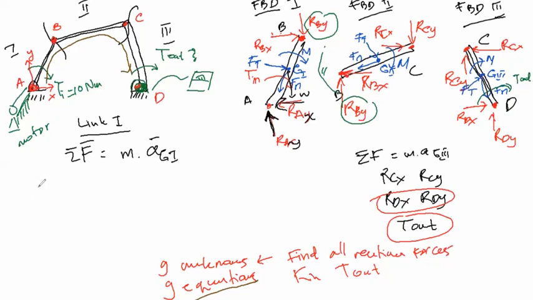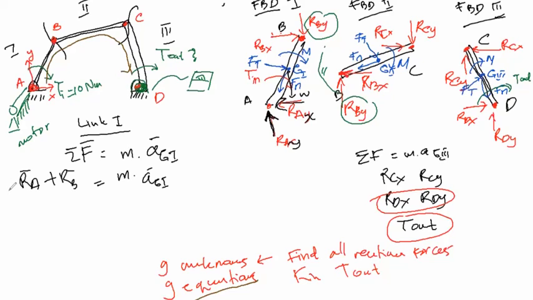All the external forces we have RA as a vector plus RB as a vector. Do we have any other external force? No, so that's it. Equal to m times a G1.